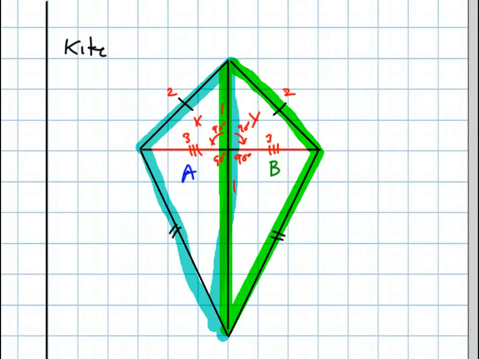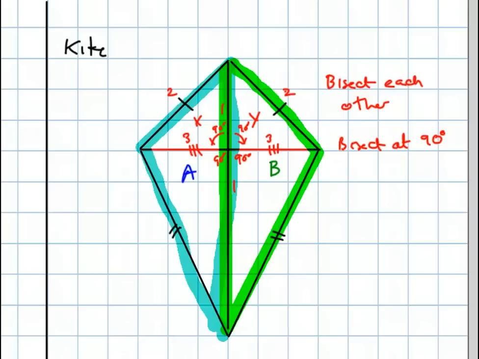So, what can we say about the diagonals of a kite? They bisect each other. And they bisect at 90 degrees.